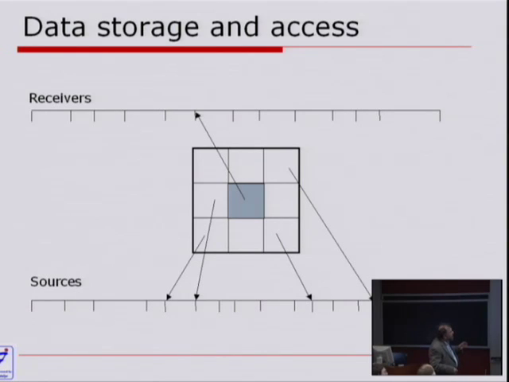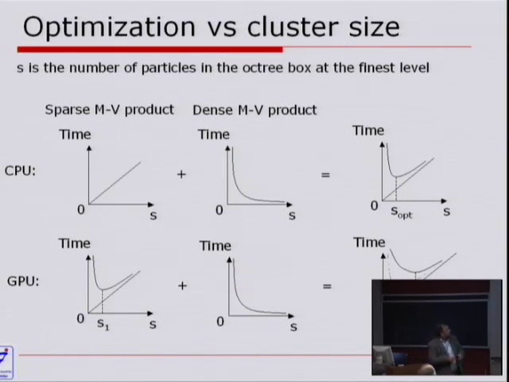This provides coalesced reading of all data. If you have, for example, this box, you have random access to boxes here, but inside the box all data are stored linearly. In this case you can use coalesced reading.